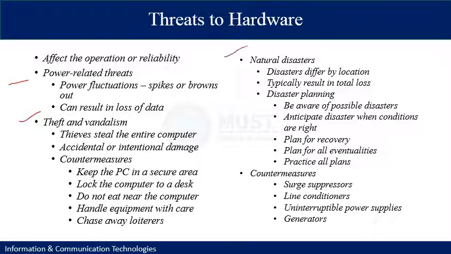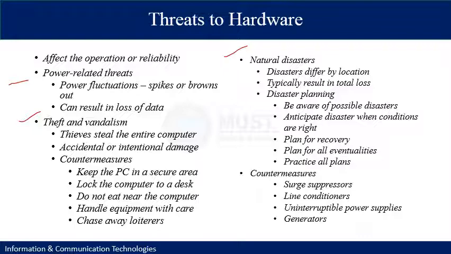Hardware can be impacted by natural disasters. Disasters differ by location and typically result in a total loss, and you should employ disaster planning depending upon the area. So you must be aware of the possible disasters whenever you are placing a system in a specific area, you have to anticipate the disasters when conditions are right, and you have to plan for the recovery.